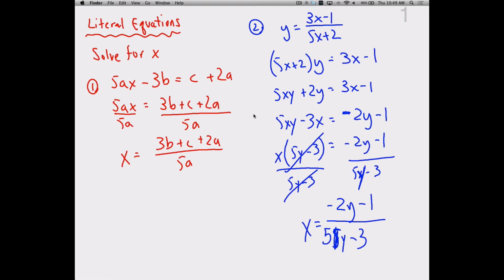Where did I put my sheet? In the bin. When I'm done.